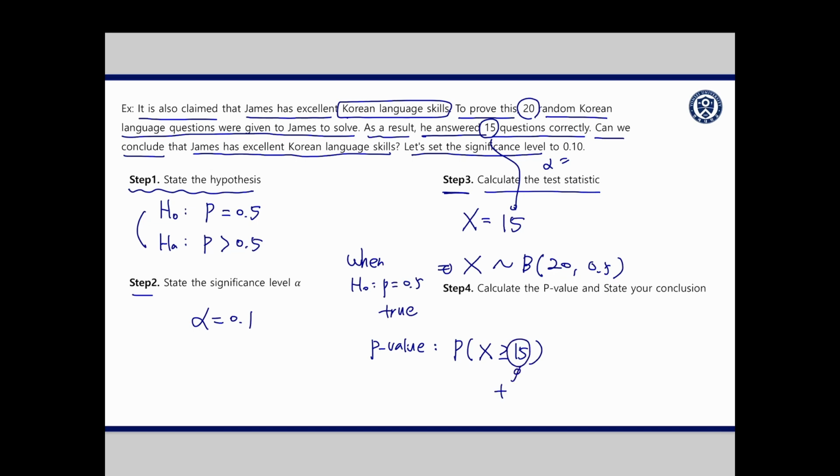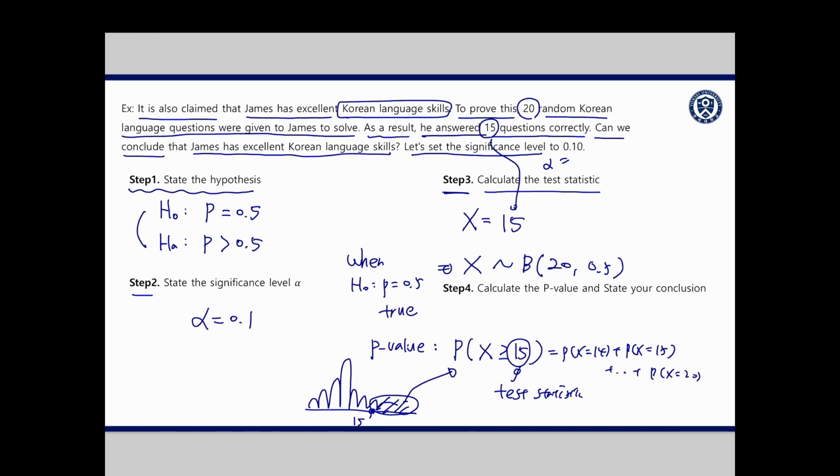So the p-value means the probability that x is 50, 40, 50, 20.